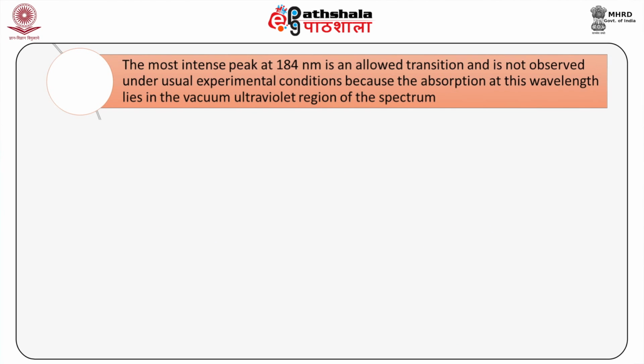The most intense peak at 184 nanometers is an allowed transition and is not observed under usual experimental conditions because the absorption at this wavelength lies in the vacuum ultraviolet region of the spectrum.